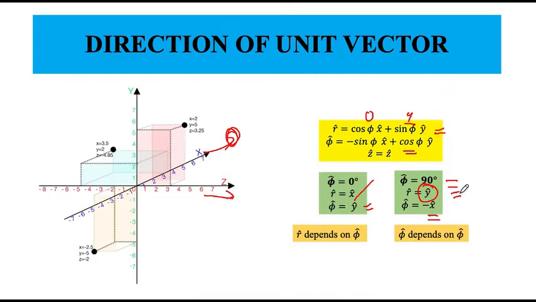So does it mean that I have to all the time specify r hat as a function of phi, or phi hat as a function of phi? No, because it will simply clutter up our equations. We are not going to write down this function dependence on phi every time, but we understand that in the cylindrical coordinate system, and the next coordinate system that we are going to discuss, called the spherical coordinate system, the direction unit vectors are going to be different at different locations in space.